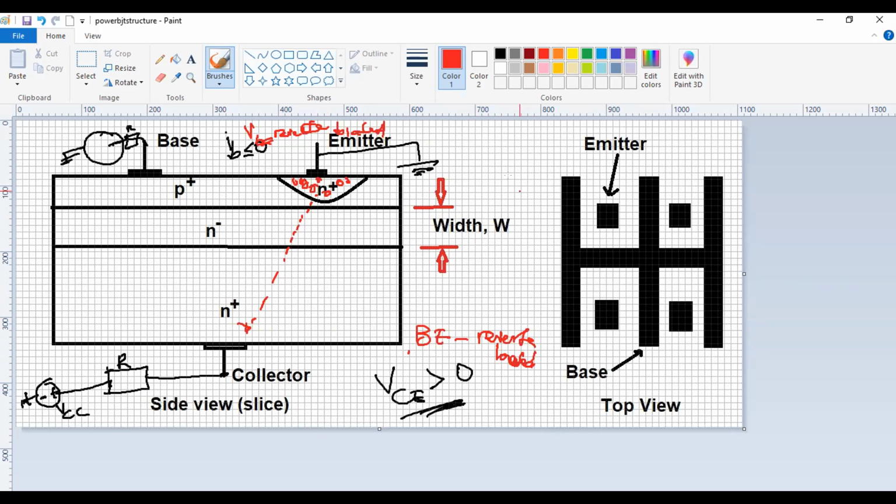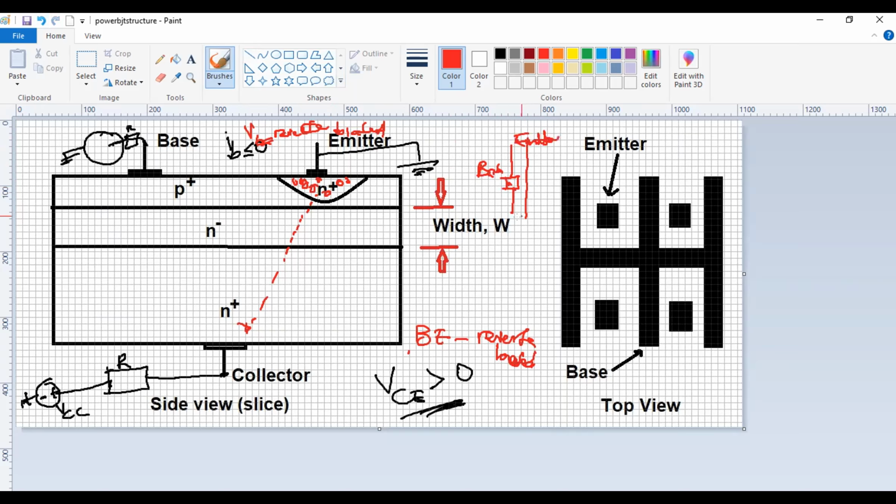Remember, another way to think about this is, I can redraw it here. What we're really doing is using our base as the control, and we have electrons from the emitter.